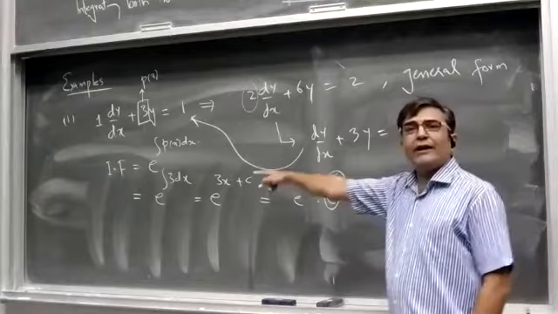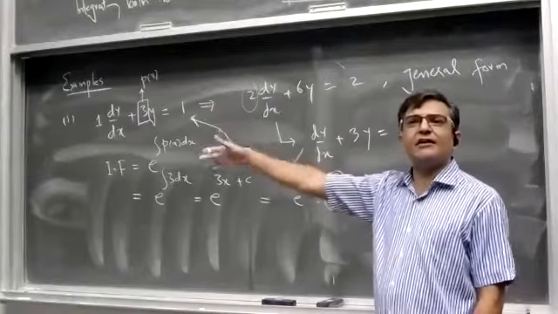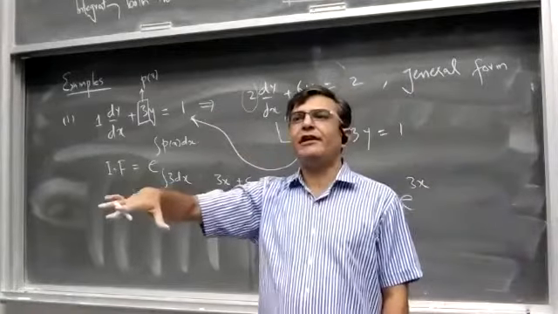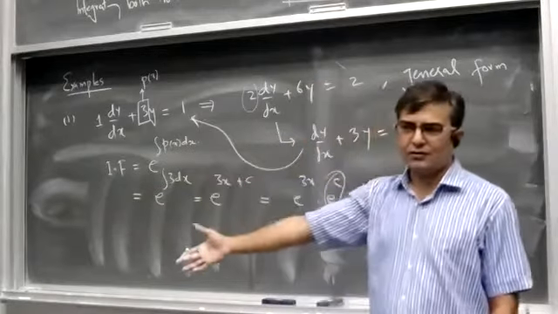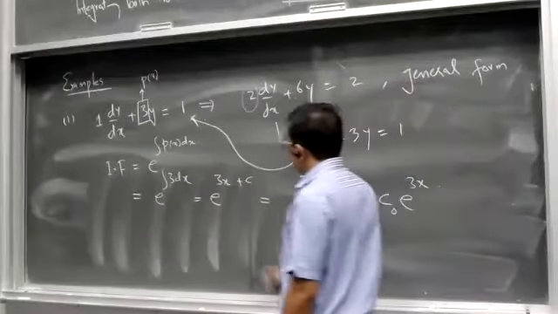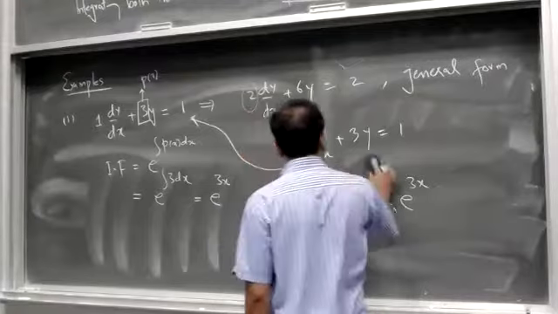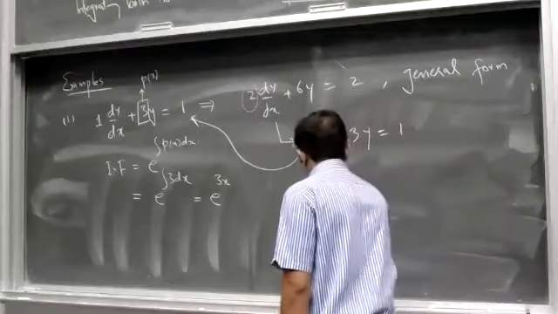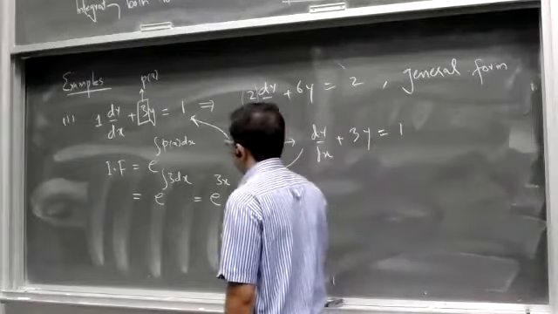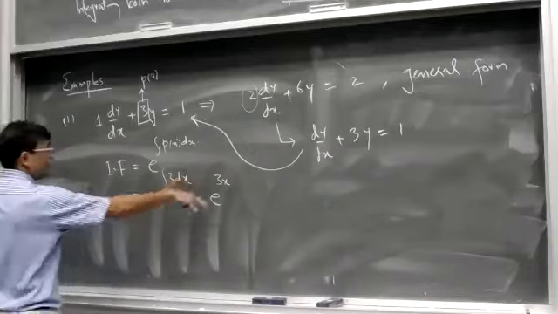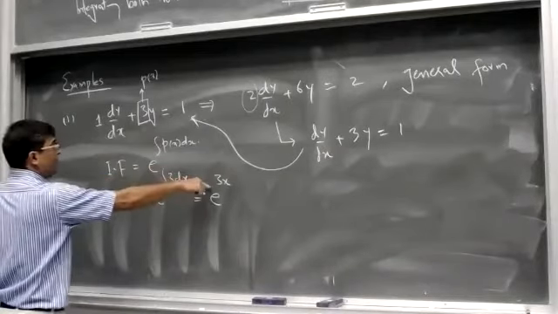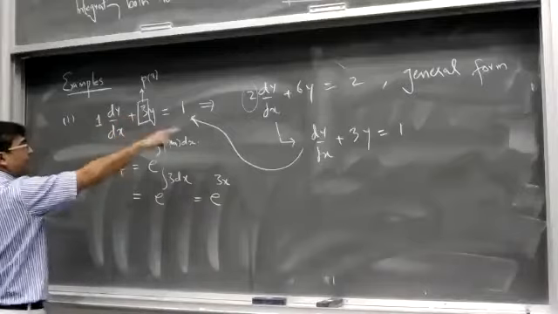Okay, I hope you get it. It doesn't change anything. Either you add the constant of integration or you do not add that constant. So we don't add it here because it doesn't change anything. Now, once you get the integrating factor, you multiply this equation with the integrating factor.